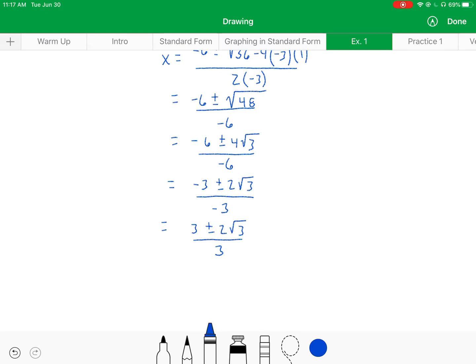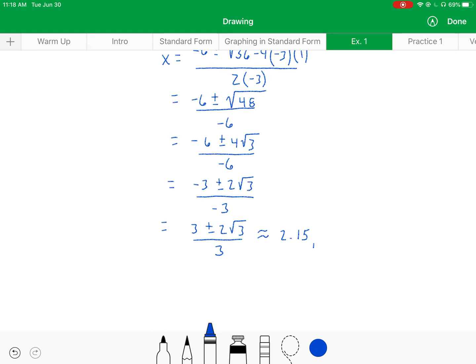For graphing purposes, that doesn't really help me much, so I would approximate these. Just type them into your calculator really quickly. If I did 3 plus 2 radical 3 and then divided that by 3, I would end up with approximately 2.15.